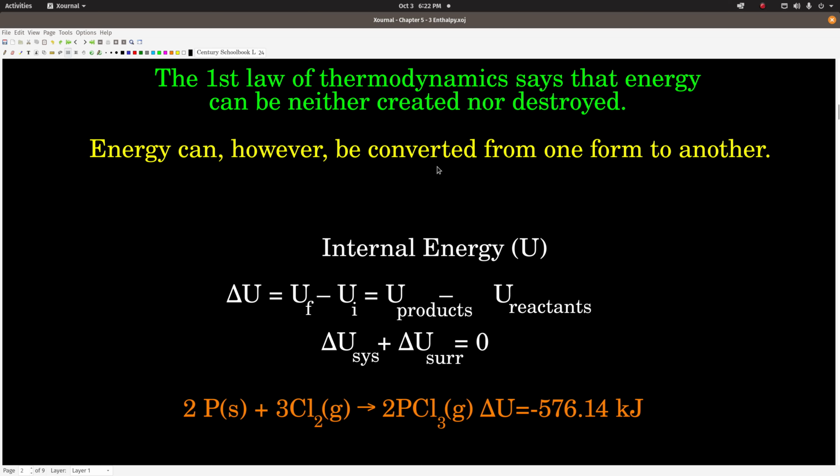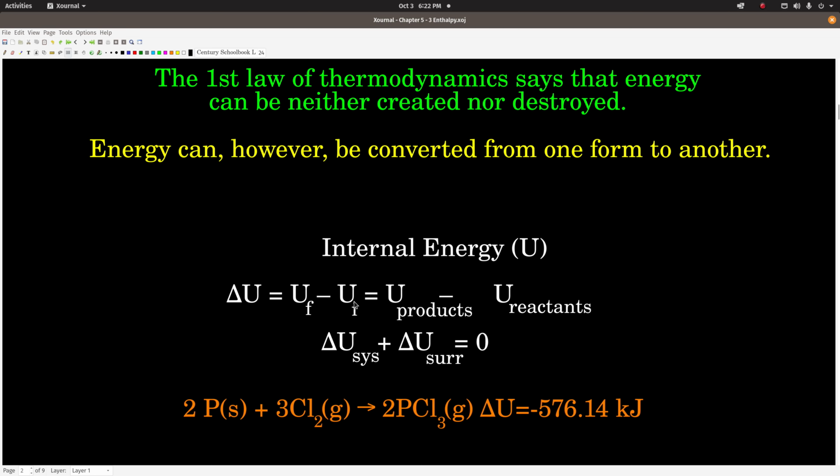In terms of internal energy, remember, internal energy is the sum of all the energies within a system: kinetic, potential. The change in internal energy during a chemical reaction is the final internal energy minus the initial internal energy, which will be the total internal energy of the products minus the total internal energy of the reactants.